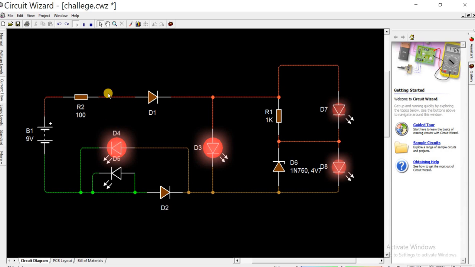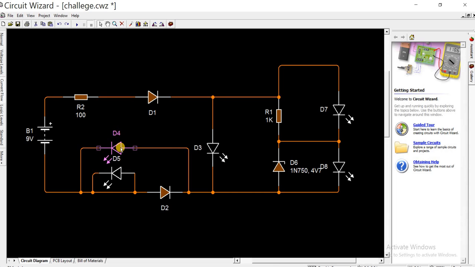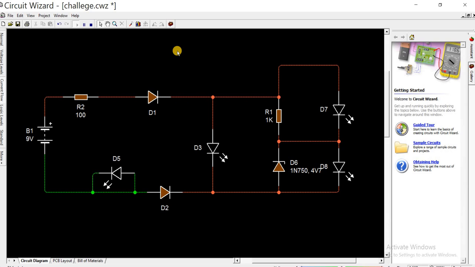Okay, let's remove D4 now and see what happens. Okay, delete. Now let's play it. So no more movement of electrons. That means the current is not able to move through this diode because it's reversed. Assuming that we reverse this diode D2, and the anode is at this point and the cathode is connected to this point, there will be a flow of current then.